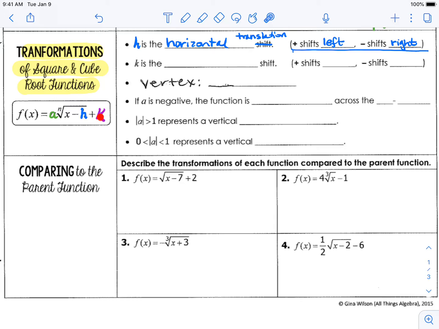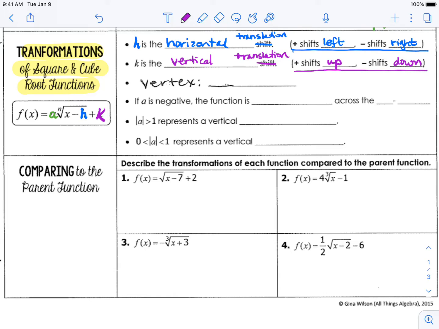Okay, K, so for my K, I'm going to do this in purple. My K is right here in my equation. My K is my vertical shift, so I'm going to say this is vertical, and another way to say shift is translation. When K is positive, it moves up. And when K is negative, it moves down.